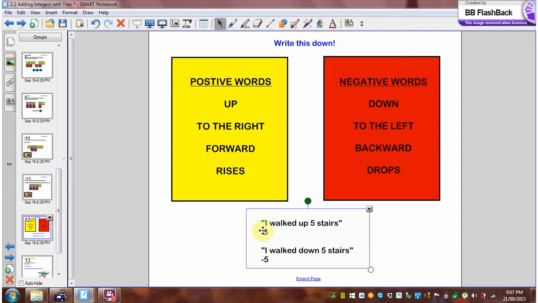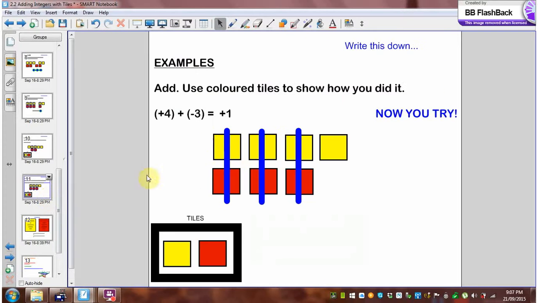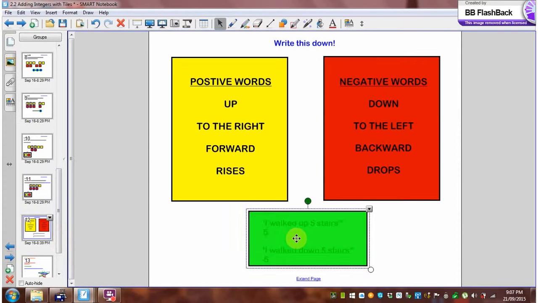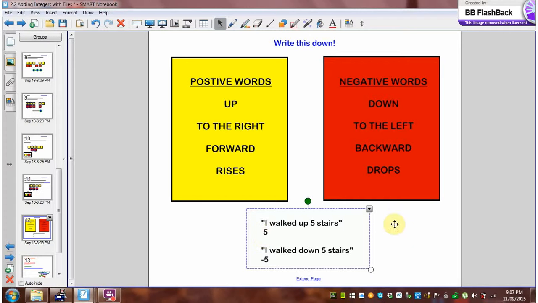If a number does not have a positive in front of it, if it's just 5, you can assume it's positive. That's just the little assumption we're making there. So make sure you write that down. I walked up 5 stairs is positive 5. I walked down 5 stairs, negative 5. Pause the video until you have that written down. Press play when you're ready.